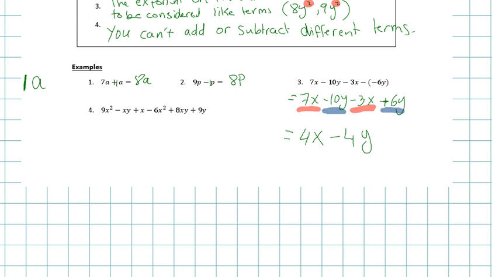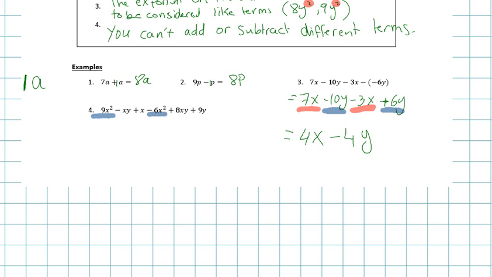For the next one, we're going to identify the like terms, and I'm going to give you time to enter it on the calculator and find the answer. What's the like term for 9x squared? Negative 6x squared, right?